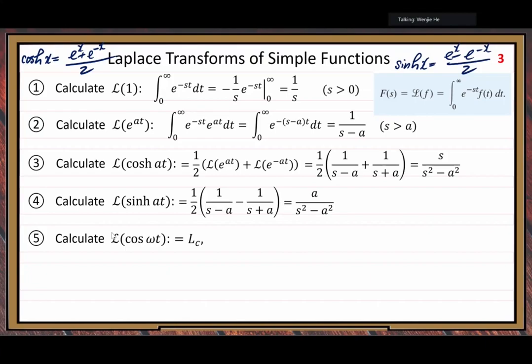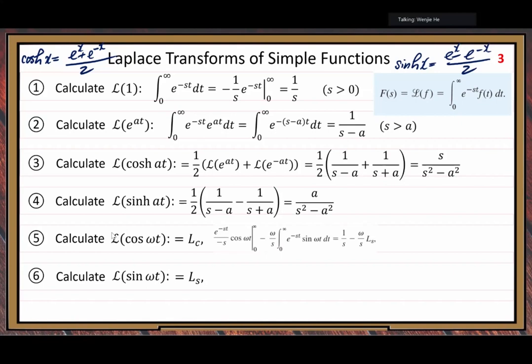The symbol L sub C for the Laplace transform of cosine, and for the Laplace transform of a sine function, we use L sub S. The reason is, when we do the calculation, when we represent L sub C, we get a formula related to L sub S. When we represent L sub S, we get a formula related to L sub C. So we need these two symbols to help us finally find the formulas of these two Laplace transforms.